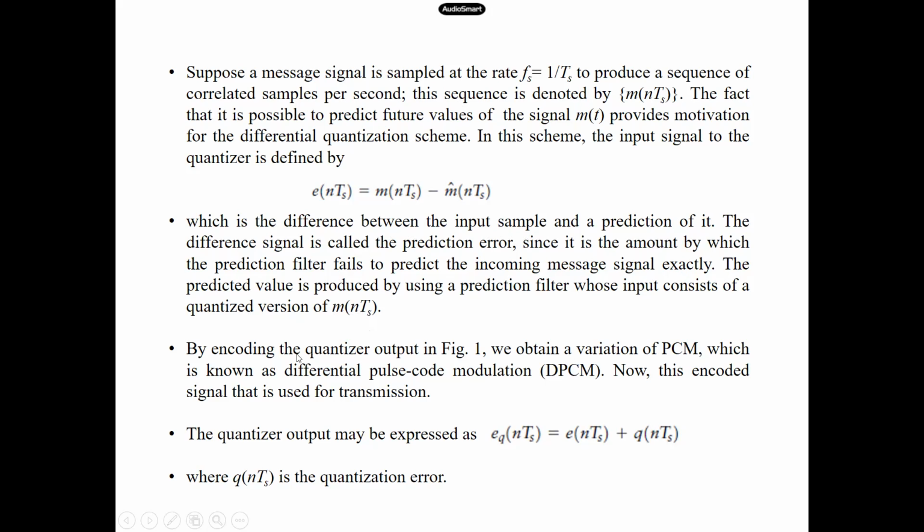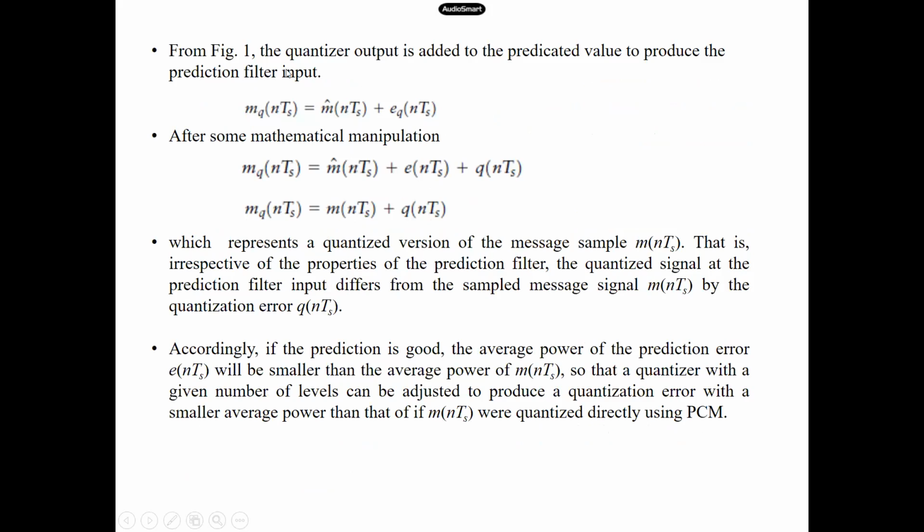If you see the figure, by encoding the quantization output in the figure, we obtain a variation of PCM, which is known as DPCM. Now this encoded signal is used for transmission. The quantizer output may be expressed as eq(nTs) equals e(nTs) plus q(nTs), where q(nTs) is the quantization error introduced by the system.